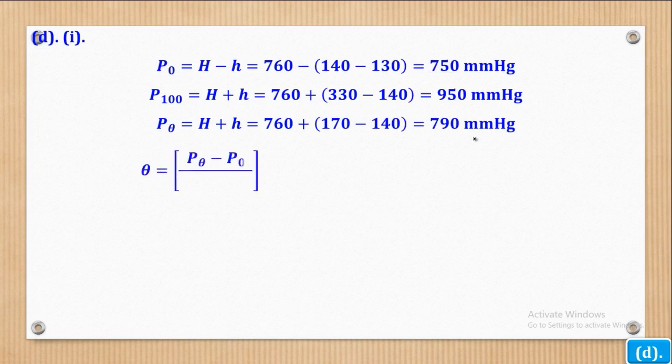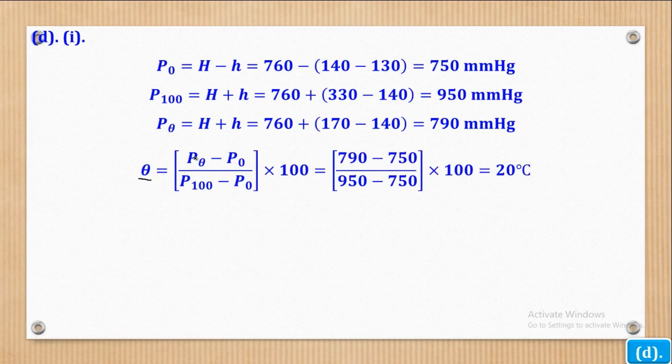So after calculating that, you'll say that the temperature will be equal to P theta minus P naught over P 100 minus P naught, everything multiplied by 100. So I'll substitute for P theta, P naught here and here, then P 100 here. And in the end, I'll come up with 20 degrees Celsius. So that was Roman 1.